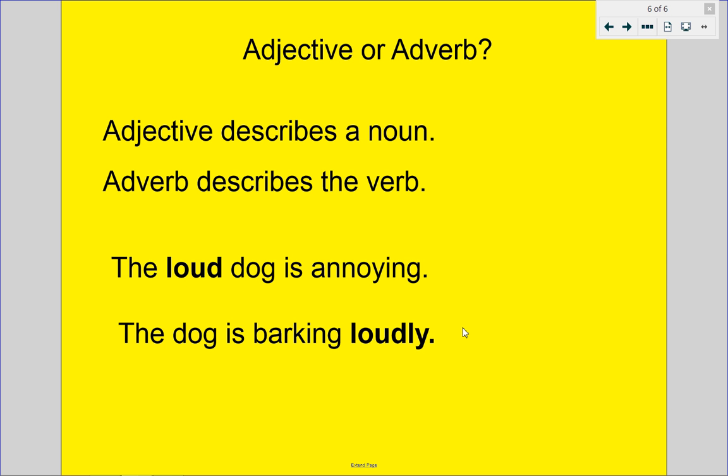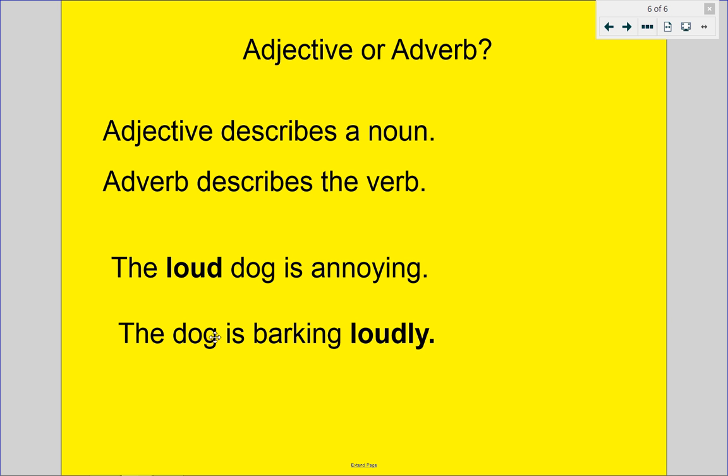A real good rule of thumb, especially for fifth graders when you eventually have your test next week, if it ends and there's no other word behind it, it's going to be an adverb. If it has to have a noun after it that it's describing, it's an adjective.